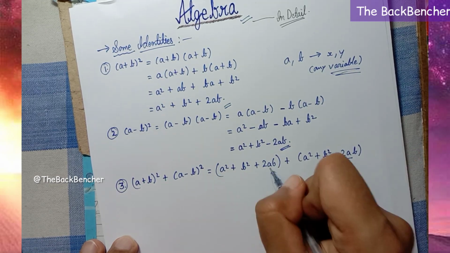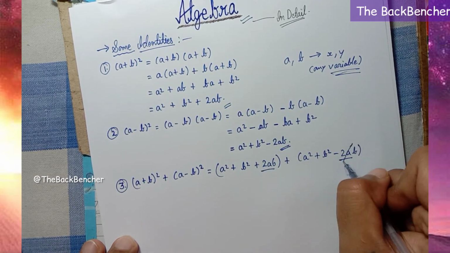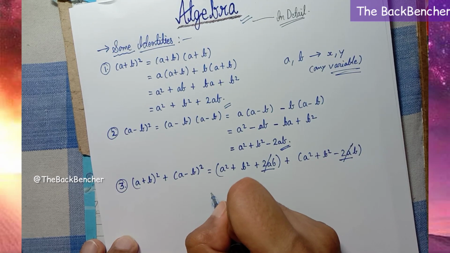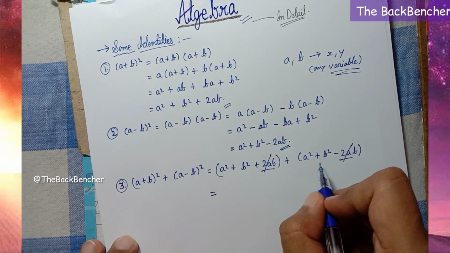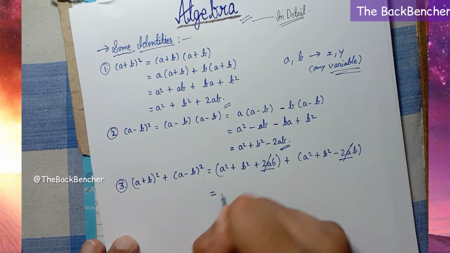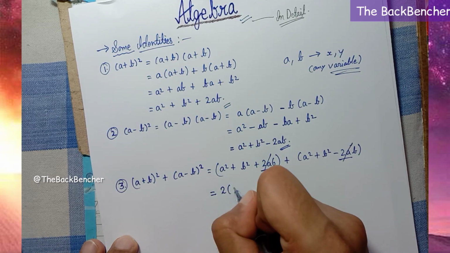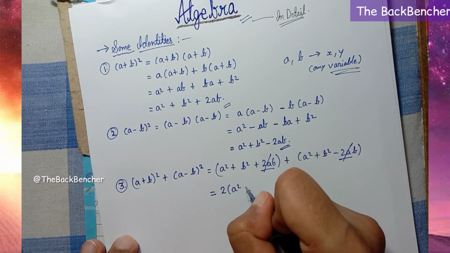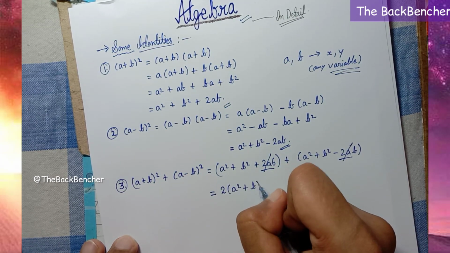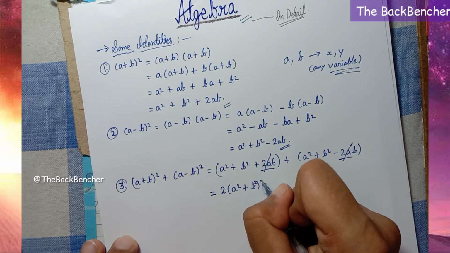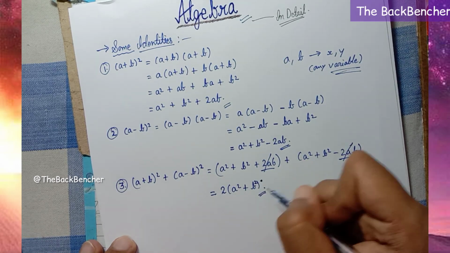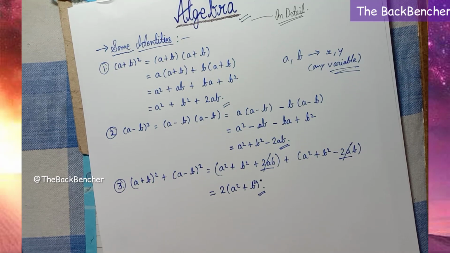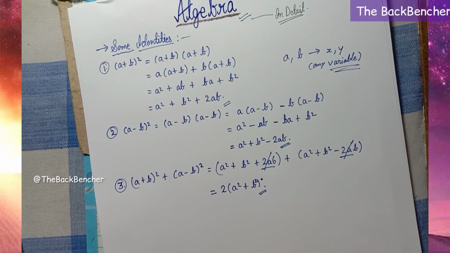I am writing all these equations and solving them first only for your better comprehension, so write it down in your copy. Solving, you will get 2 in the bracket a square plus b square.